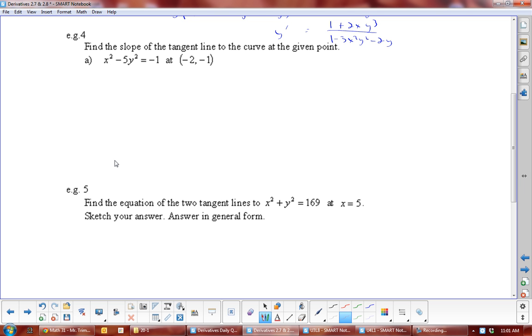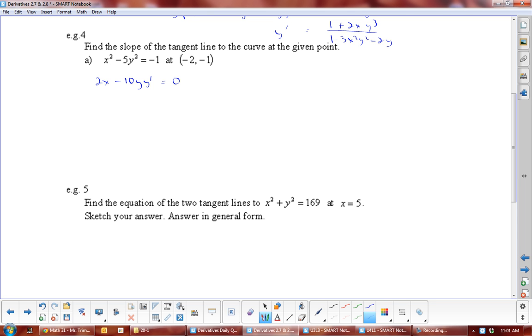So this one here, let's just do it together. So just walking along, what would be the derivative? 2x minus 10y y prime equals 0.